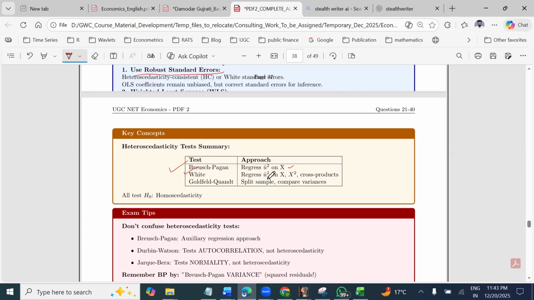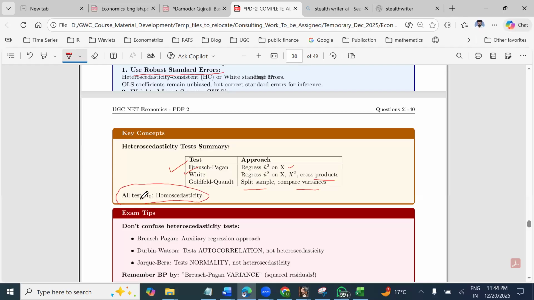In the White test we regress the squared residual on x squared and cross products. And in the Goldfeld-Quandt test you split the sample and compare variances. In all these tests the null hypothesis is homoscedasticity.